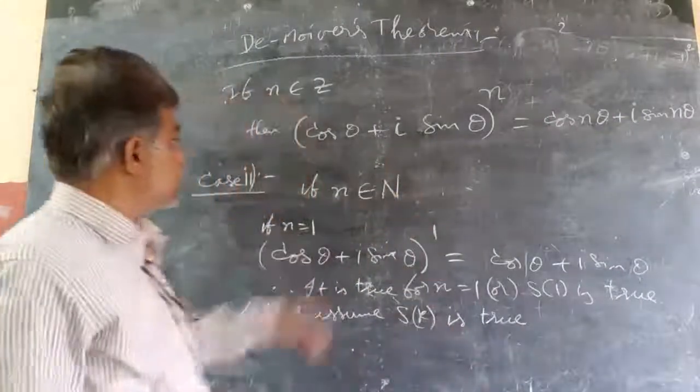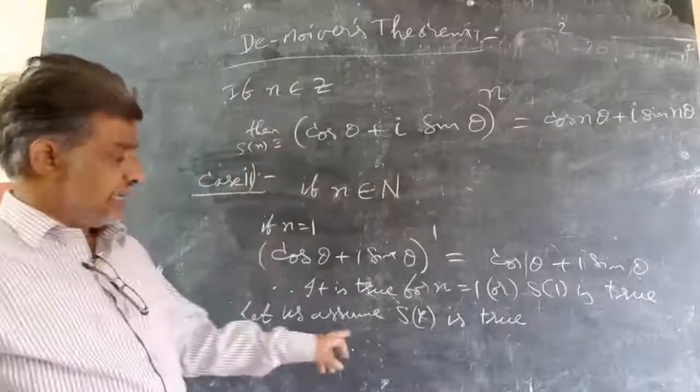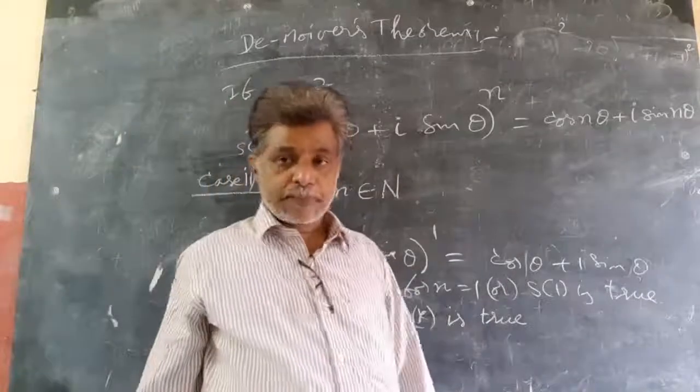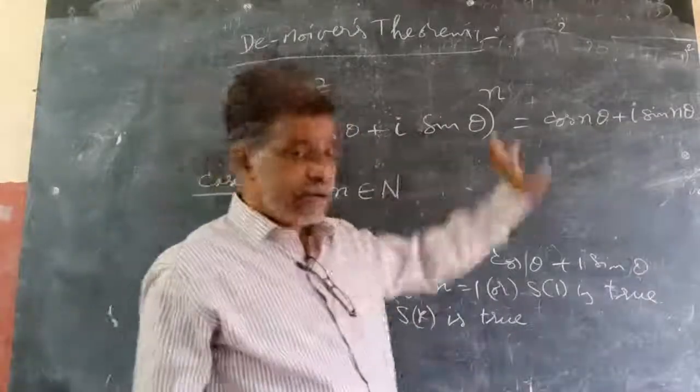If I am assuming this is some S(n), then I can write let S(k) is true. I am assuming it is true for n equal to k. So wherever n is there, I will substitute k.